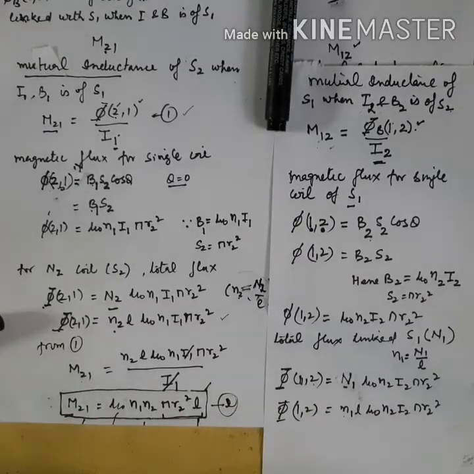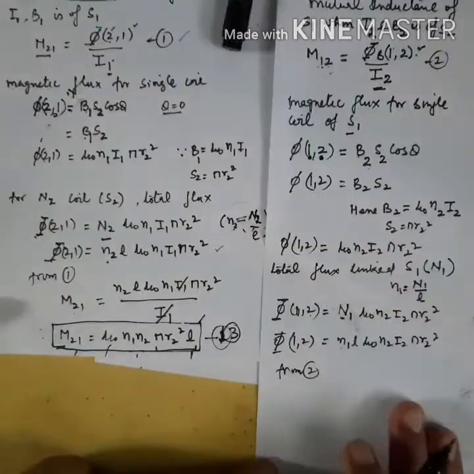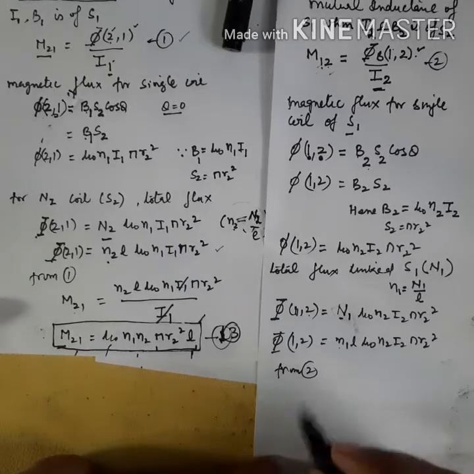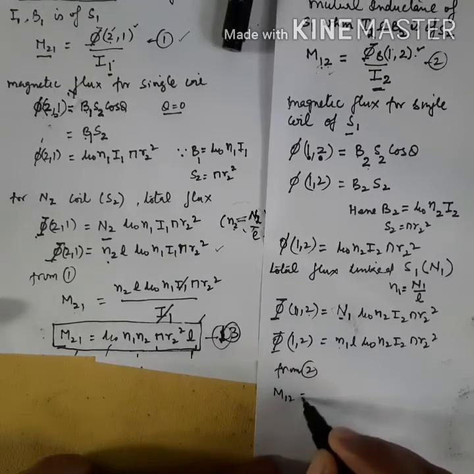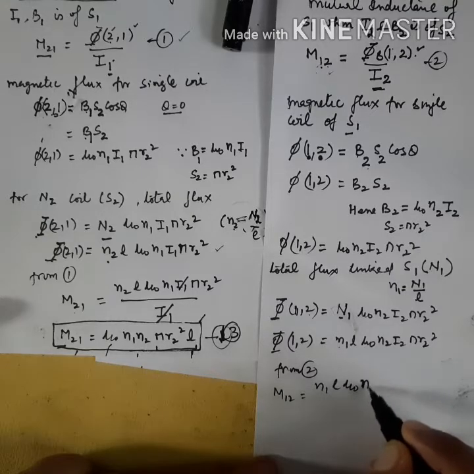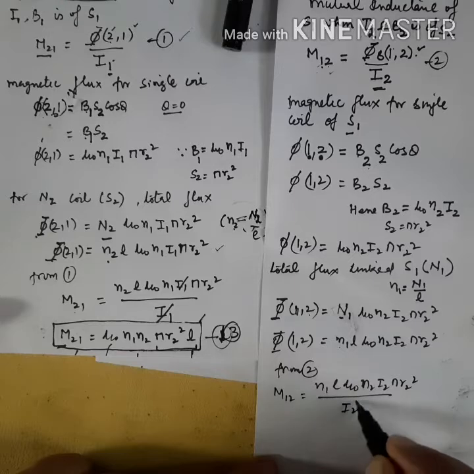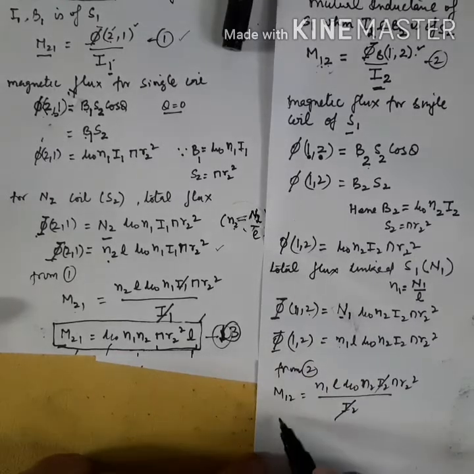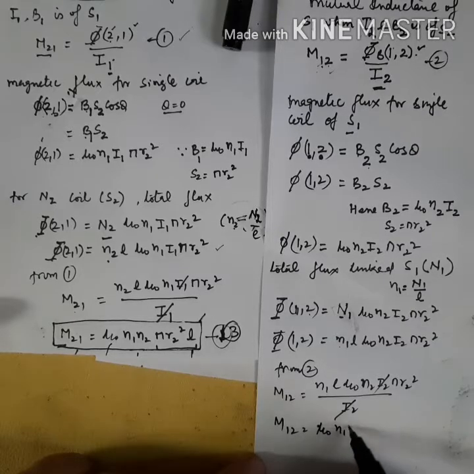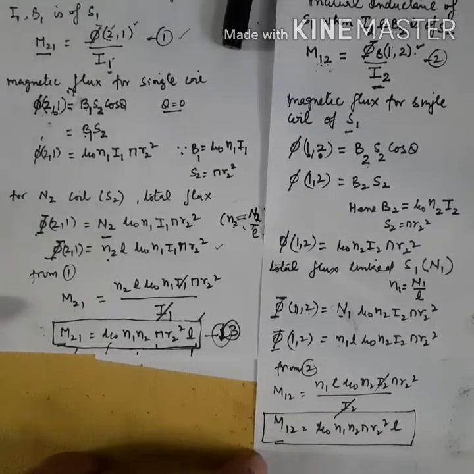So I want to calculate the mutual inductance of the first one with respect to the second. From this, M12 will be equal to N1 L mu naught N2 I2 pi R2 square divided by I2. So I2 gets cancelled out, and we are left with M12 equal to mu naught N1 N2 pi R2 square into L. So this is the mutual inductance of one with respect to the second one.